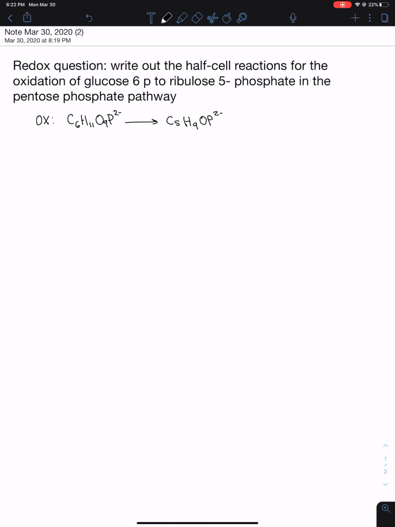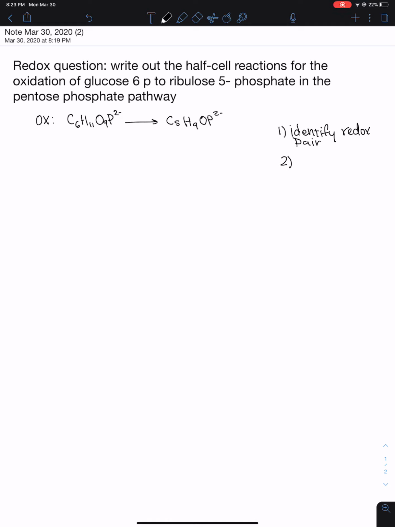And so the general rule that you will follow for both redox and oxidation is you'll start by identifying the redox pair, which I just did for the oxidation. I haven't done it for the reduction half cell yet.